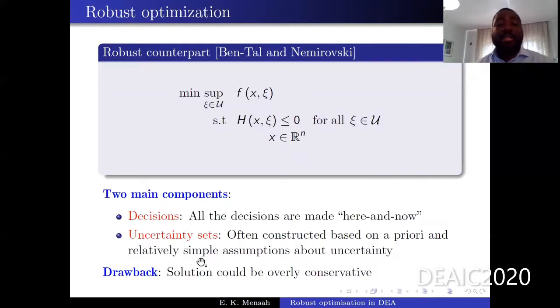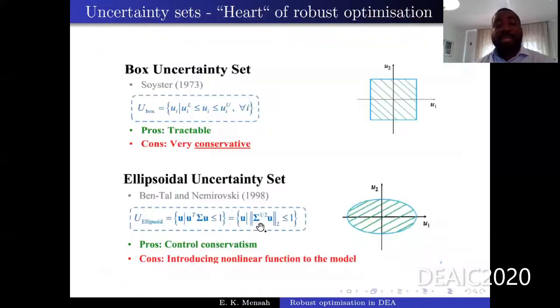The first one is that the decisions on the uncertain parameters are made here and now, which means that they are modeled before the actual data reveal themselves. The second one is the uncertainty set, which is often constructed based on information or assumptions about the uncertain data.